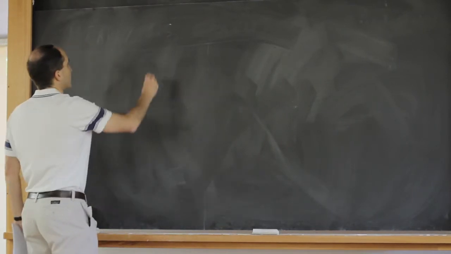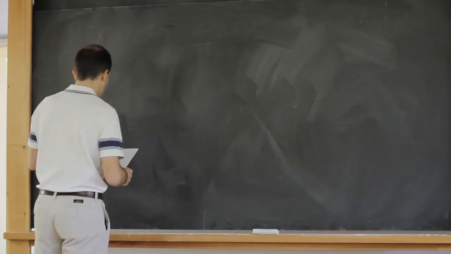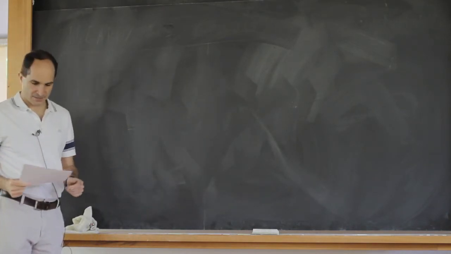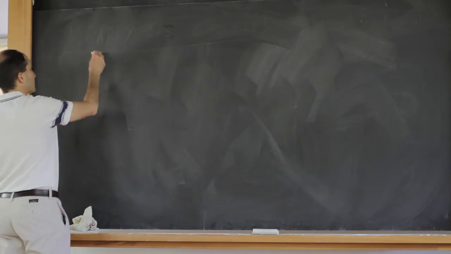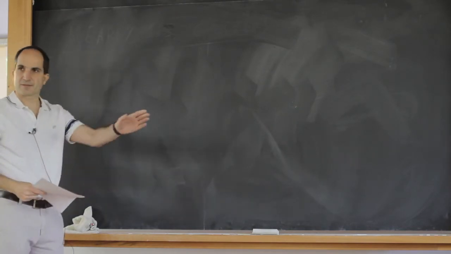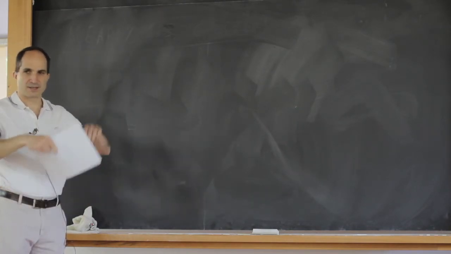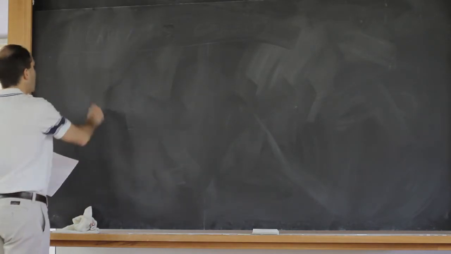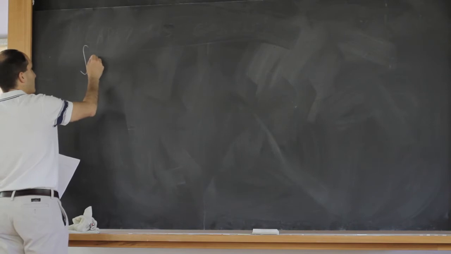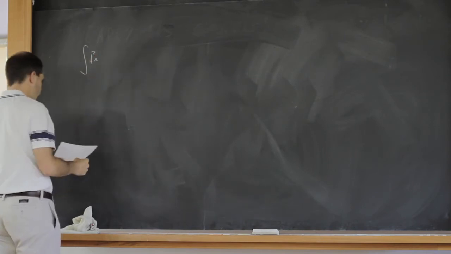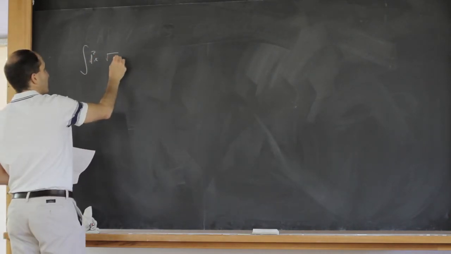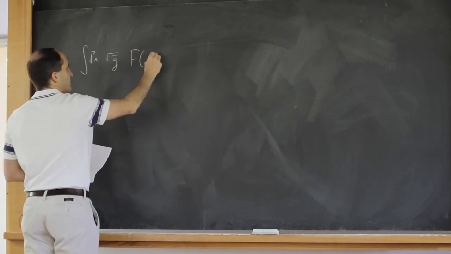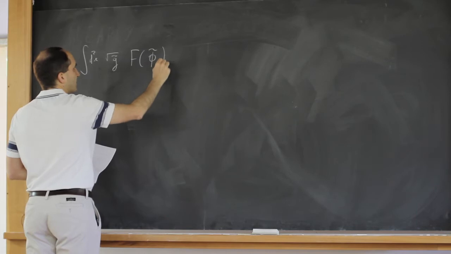Now we consider the most general spherically symmetric reduction of gravity to 2 dimensions, so that the 2 dimensions are time and the radial direction. We imagine we have some extra dimensions, but everything is symmetric in the extra dimensions. The most general reduction will be an integral over 2 variables, square root of some metric, which I'm going to call g tilde. Then we can have general functions of phi.